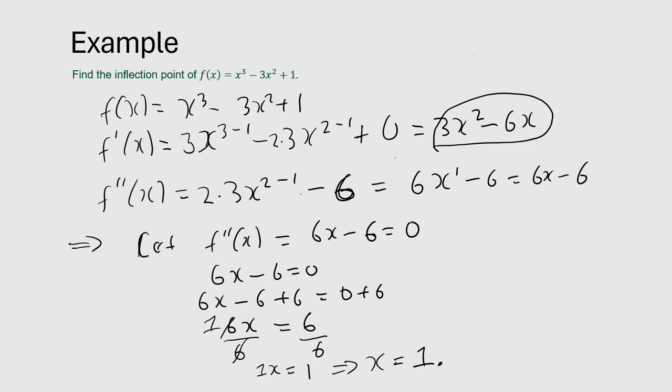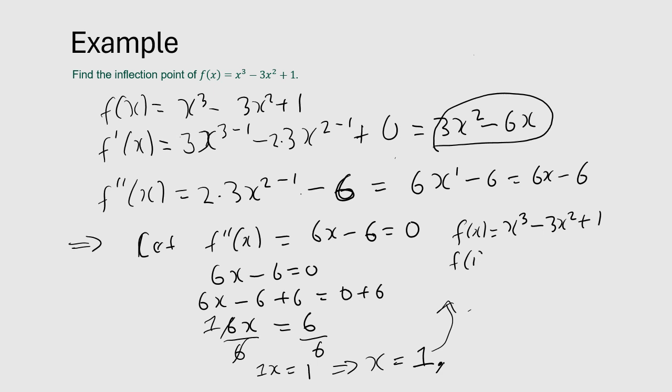So this is the point of inflection. The point of inflection is at x equal to 1, and if we want to write the coordinate, we substitute x equal to 1 into our original equation. The original equation is f of x equal to x cubed minus 3x squared plus 1.